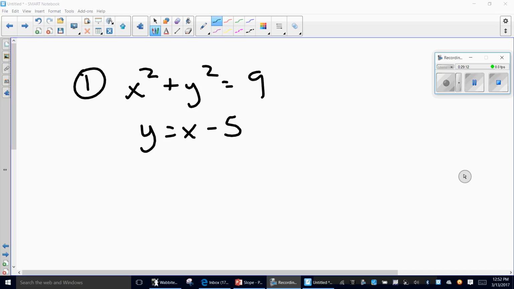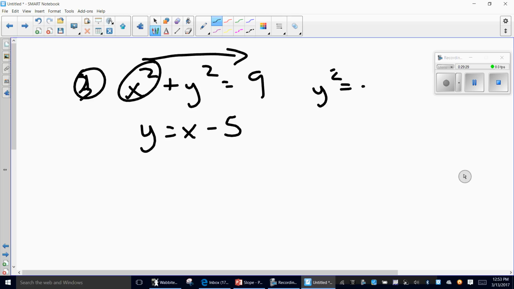All right, so let's take a look at it. This is number 3. I don't know why it says number 1, but this is number 3. Let's take a look at number 3, okay? If you put this into y equals, and I move this guy over, you get y squared equals negative x squared plus 9, and you take the square root on either side.